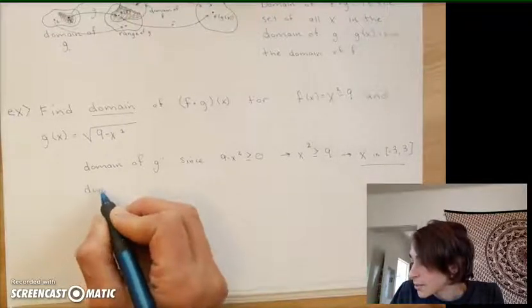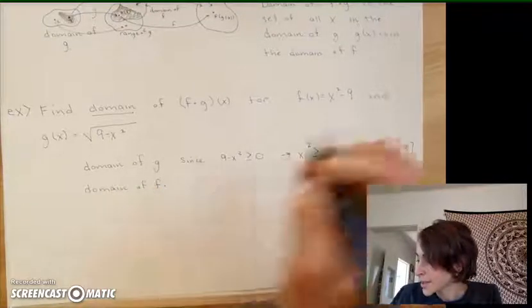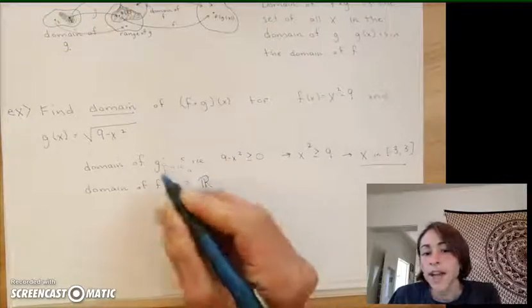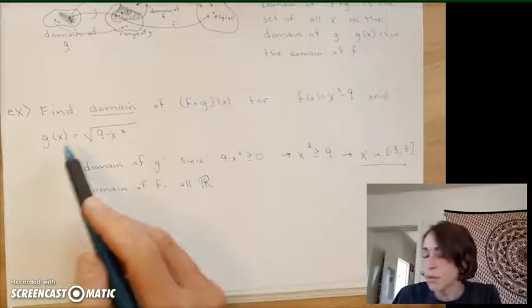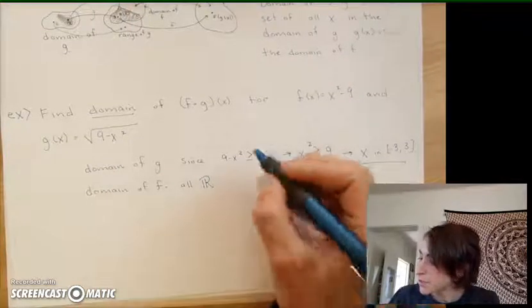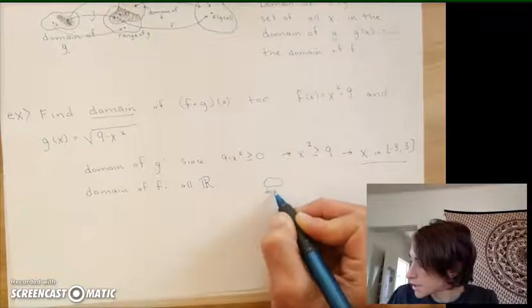So the domain of f is all real numbers. So I don't have any restrictions here. Whatever my output is for g is already going to be in the domain of f. So our picture looks more like this. I might have a very small domain of g.